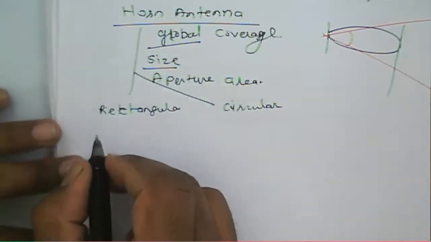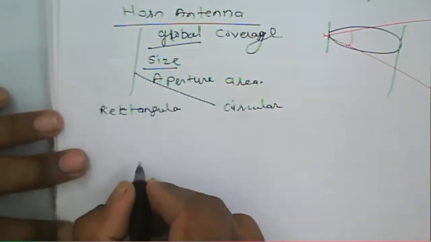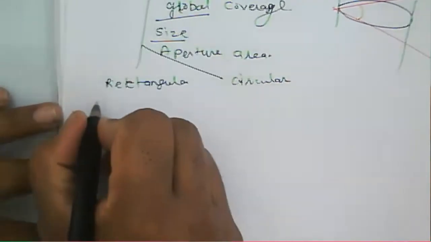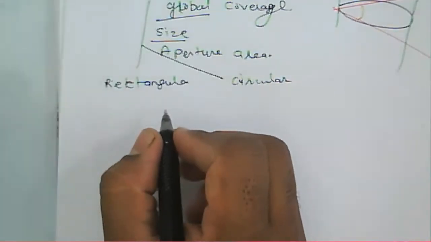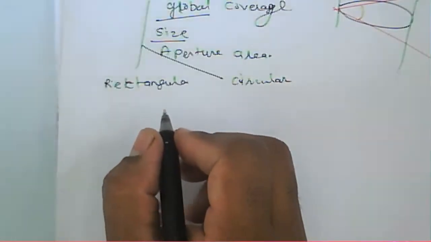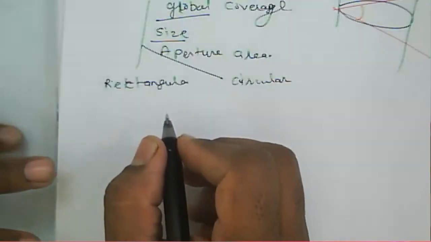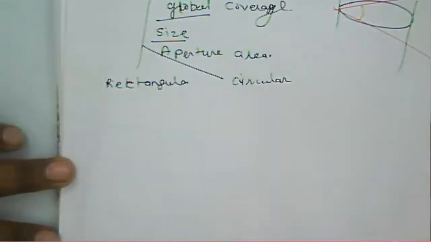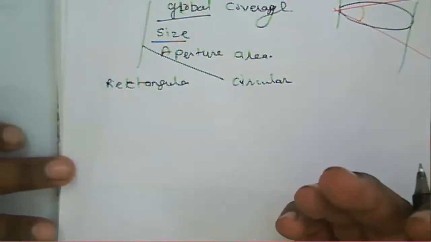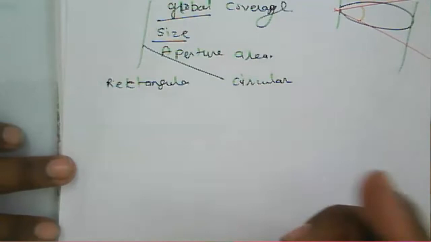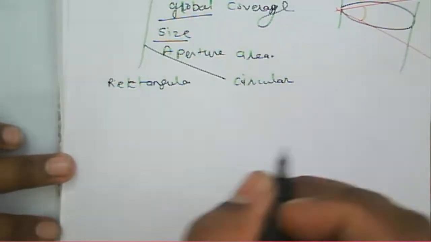So a rectangular horn uses a rectangular waveguide. With that waveguide, the mouth is open at one end, and it is flared to make a pyramidal shape, or that shape may be a cone-like structure.